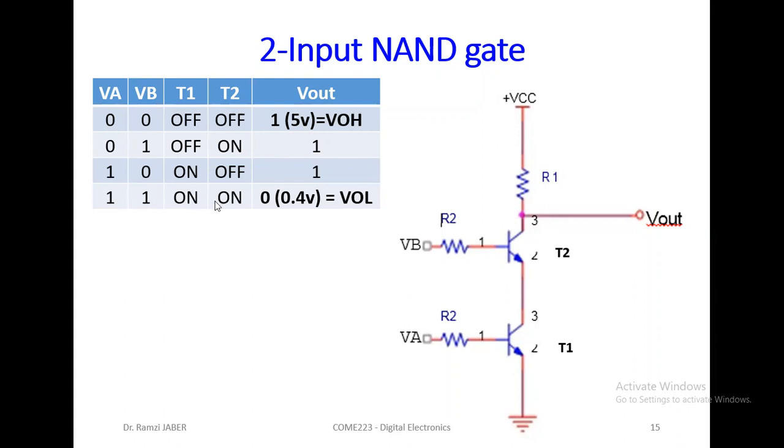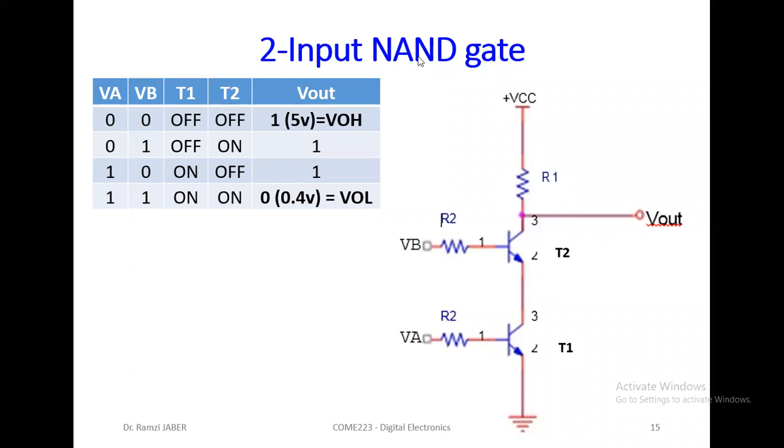On 1, 1, both transistors are on. So the output is connected through the 2 cascading transistors to the ground. So the output equals the summation of the 2 VCE: VCE1 plus VCE2, 0.2 plus 0.2, gives us logic 0 at 0.4 volt, which is the output low.